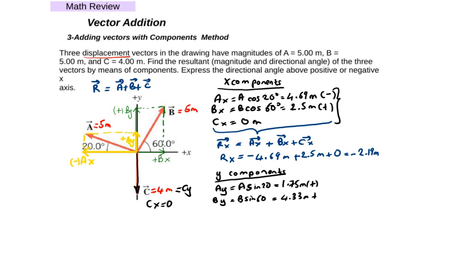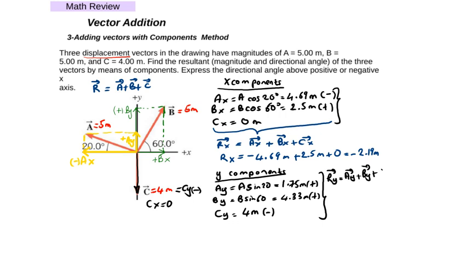By is B sine 60. When I put in the value, that will give me a value of 4.33 meters, and this is also positive. And Cy, which I forgot to mention, is downward and negative. It's equal to C, simply minus 4. Let's not do that, put the minus later. 4 meters down. You can also put it as minus 4, doesn't matter.